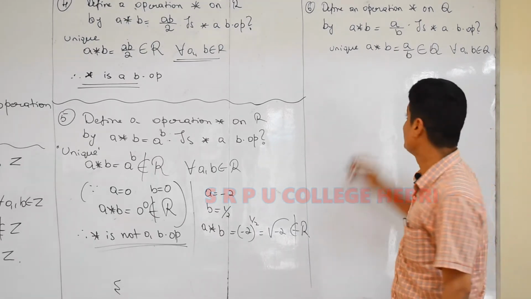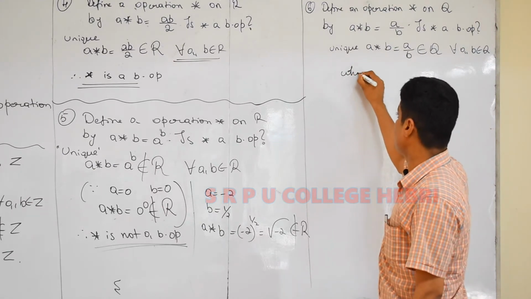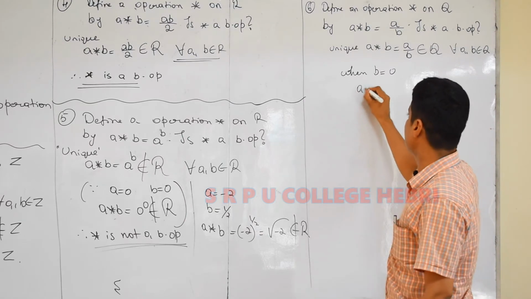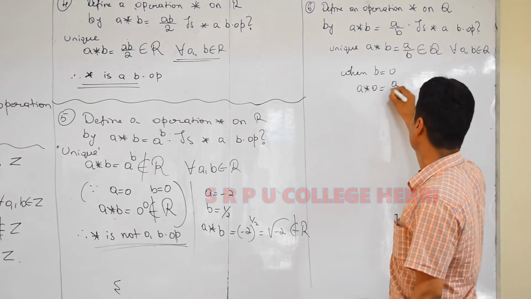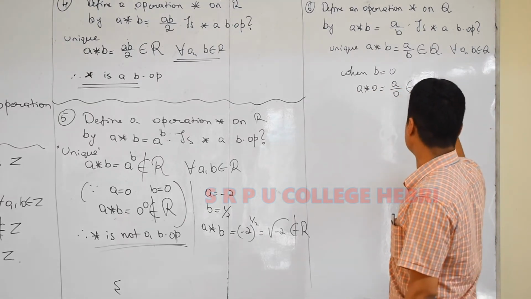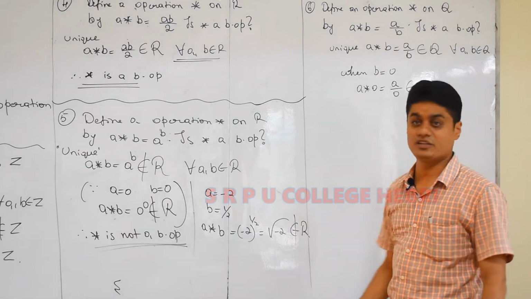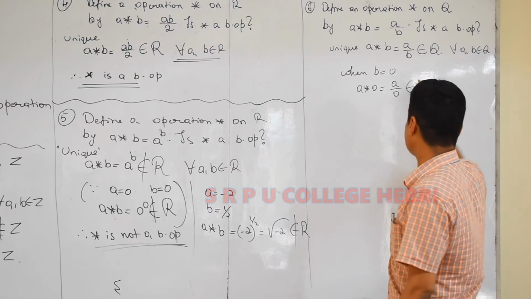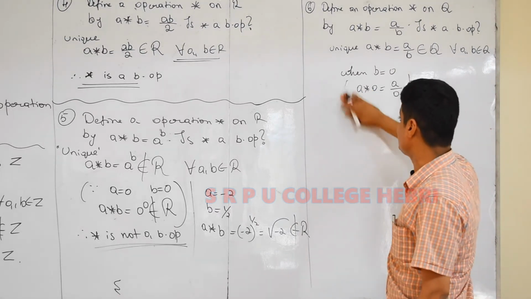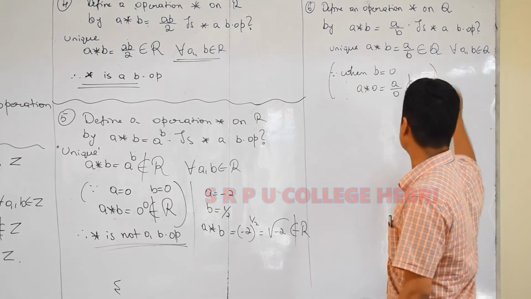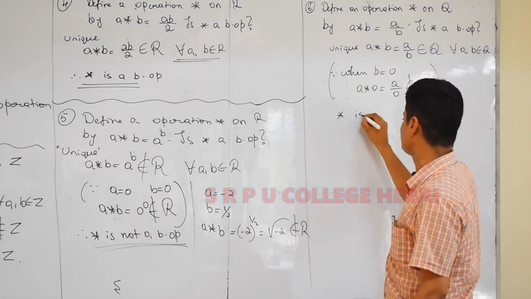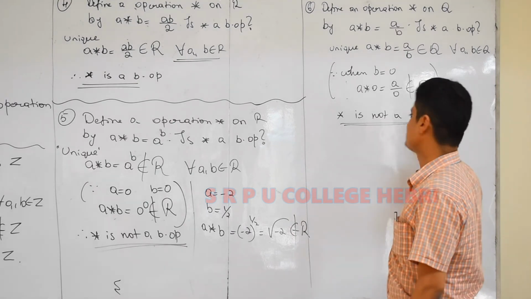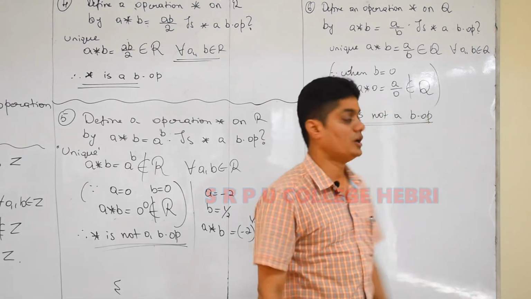When b is equal to 0, a star 0 is a by 0. Is a by 0 a rational number? Never. A by 0 does not exist. So here the denominator can be 0, and because of this reason star is not a binary operation.